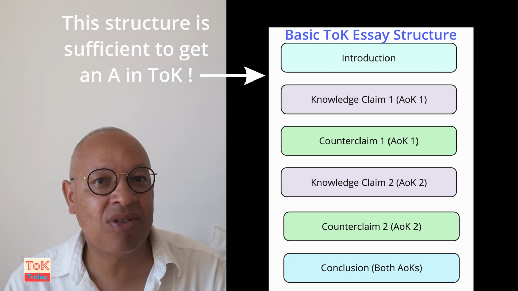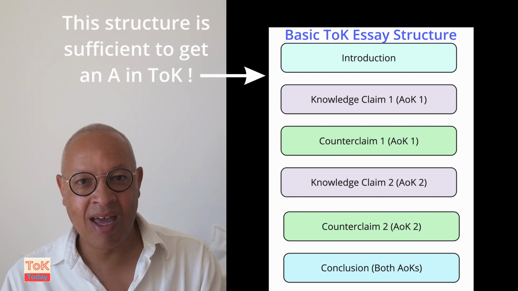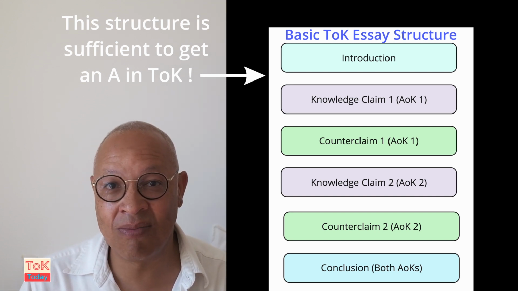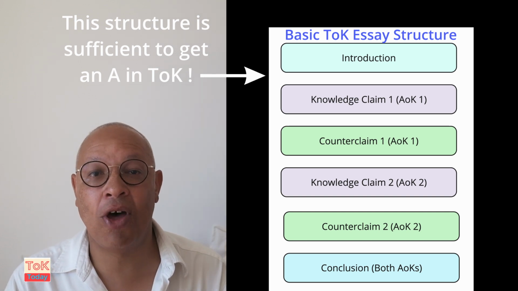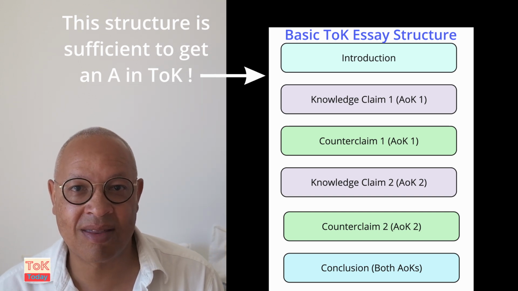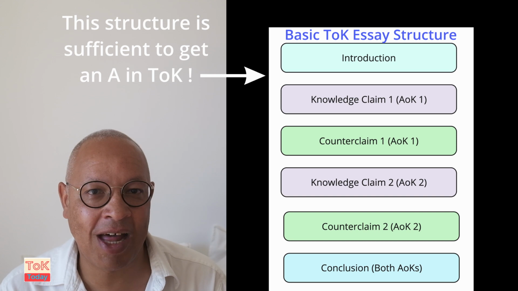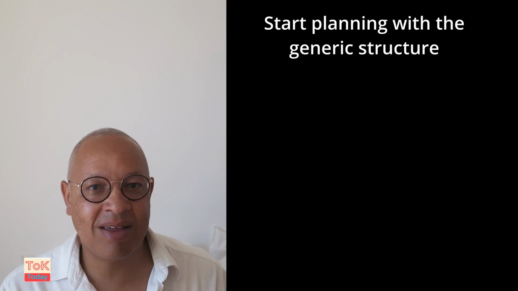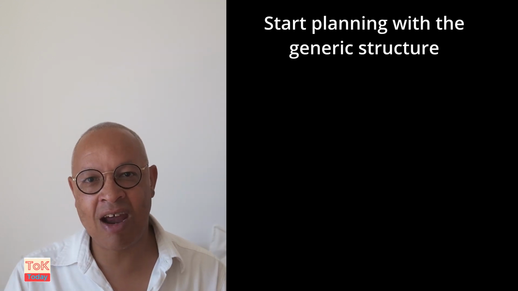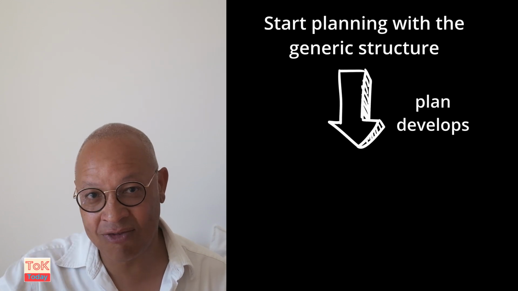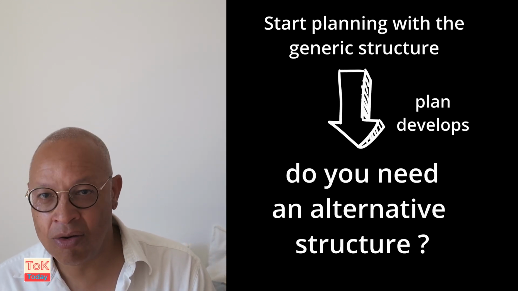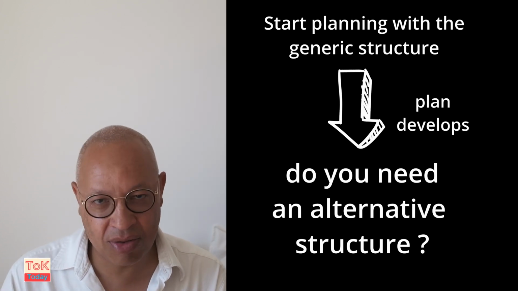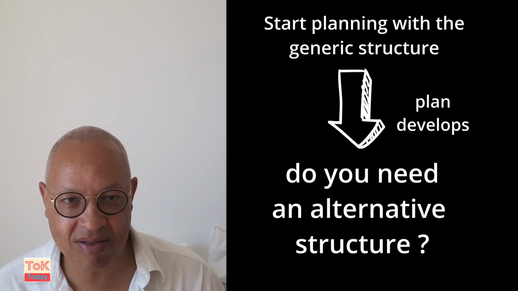However, you may want to develop a different structure as it will better serve the arguments that you're making, or a different structure better serves the functions or purpose of the knowledge arguments in your essay. And that's fine as well. I recommend starting planning using the generic straightforward structure that I've just shown you, and then as your plan develops, it will become clear to you whether you would be better served using an alternative or more complicated structure.